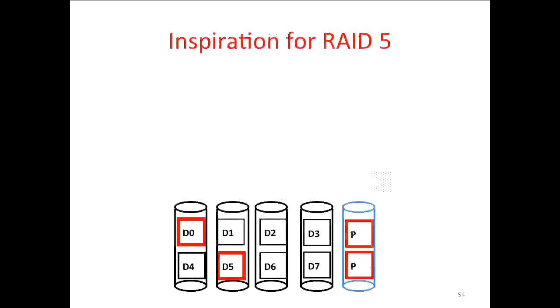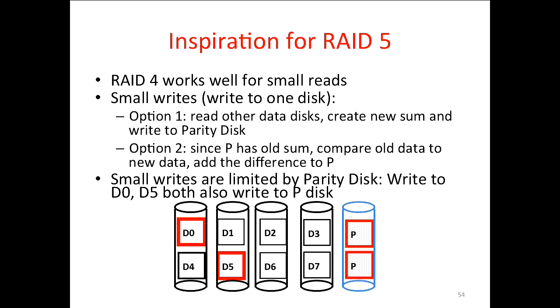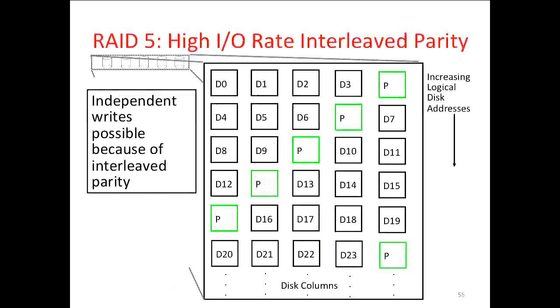So RAID 5, which is the commonly used one, kind of solves this problem by taking this bottleneck, the parity disk. Instead of having one disk be designated the parity disk, what you do is stripe the parity blocks across all the disks, right? So depending on which block you're accessing, you go to a different disk to get the parity block.